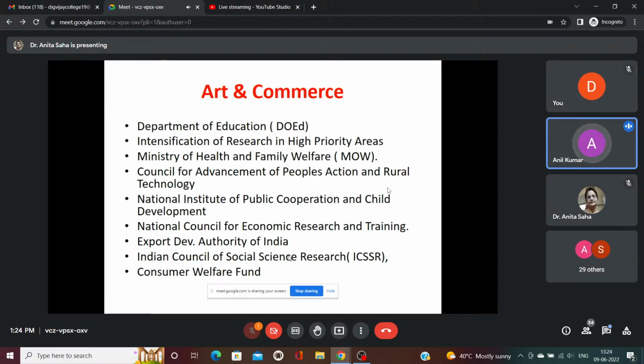For the arts and commerce sections, again, there are some specified research bodies which can support your research grants, like the Department of Higher Education. You can directly access the site of the Department of Higher Education. Time to time, they are inviting proposals from different researchers. Thereafter, intensification of research in high priority area.